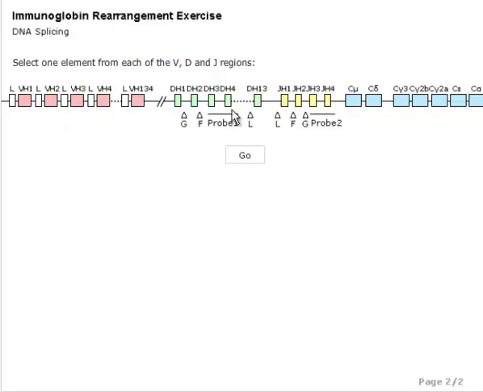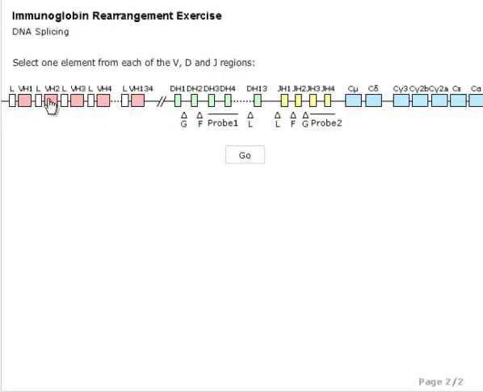There are also these diversity regions, which are the D regions, the joining regions, which are labeled as J regions, and then the constant regions, which make up the heavy chains of the antibody, or the constant areas that don't have as much diversity. But if we play around with this, we can select different regions of where we would make different splices.